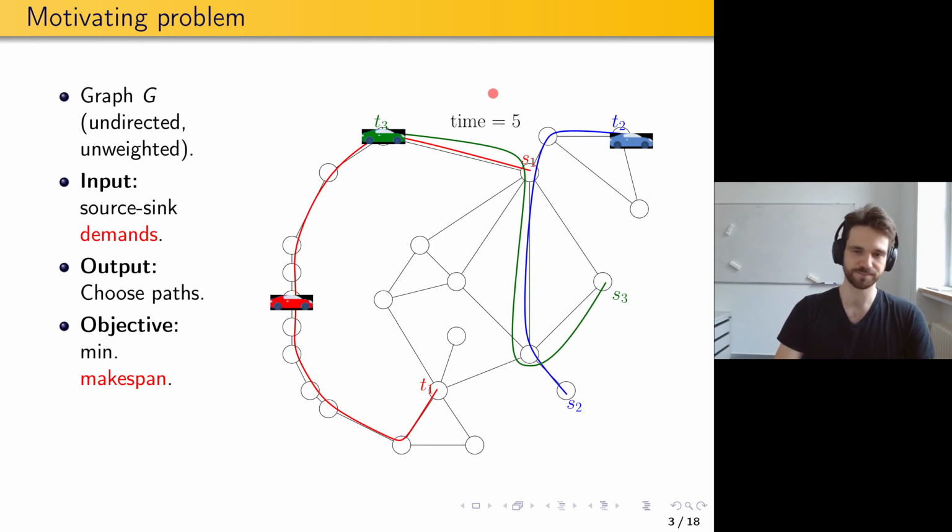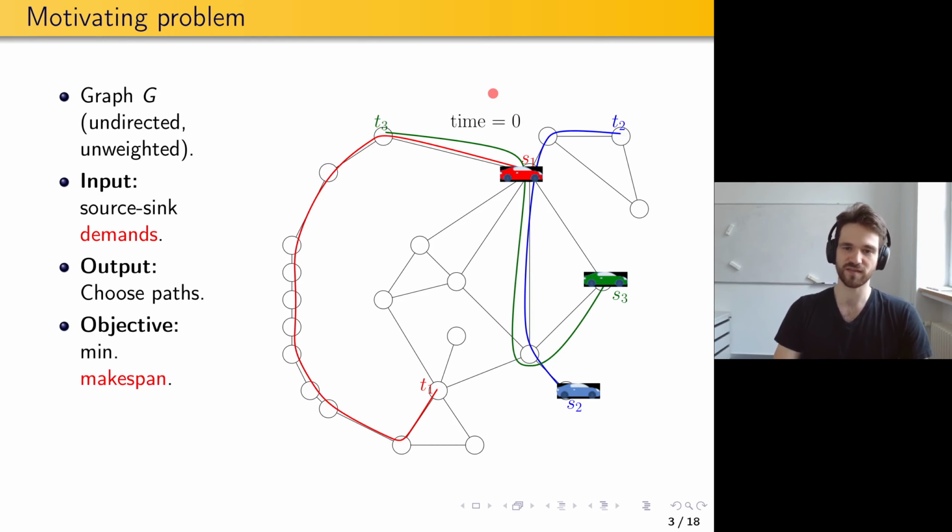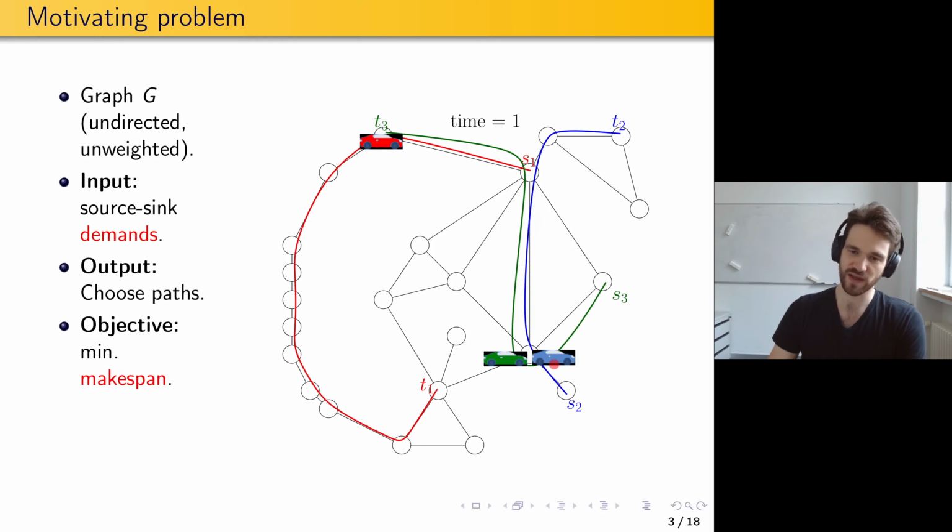So let's do this again. As you can see, the red car just zoomed through to the destination. It had a lot of time, and that's what dominates the time because it has a very long path to go through. However, I would like you to pay attention to the green and the blue car. In the first time step, they both go to the same city, and now in time 2, they want to go onto the same road at the same time.